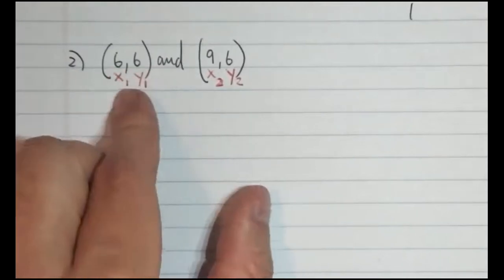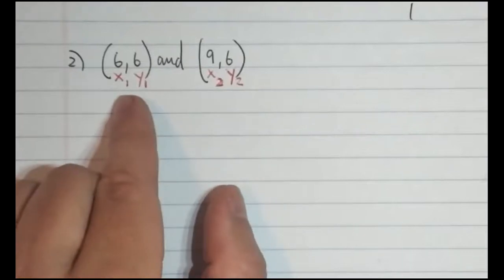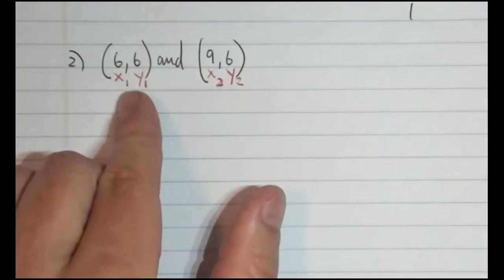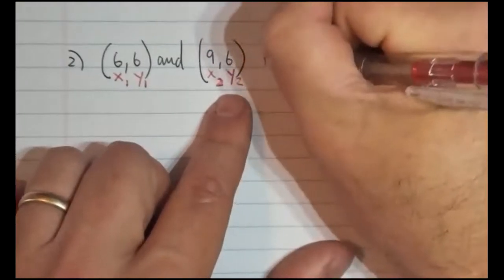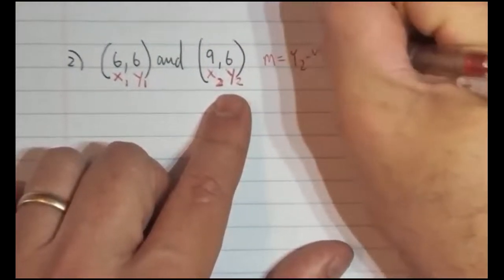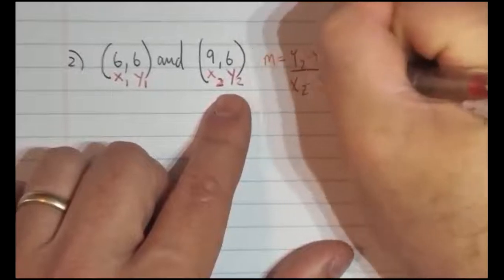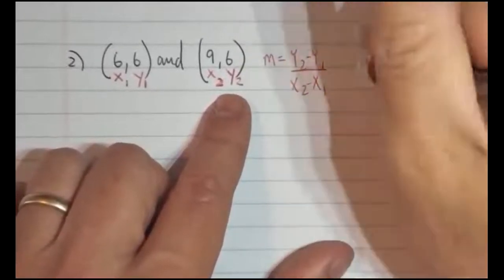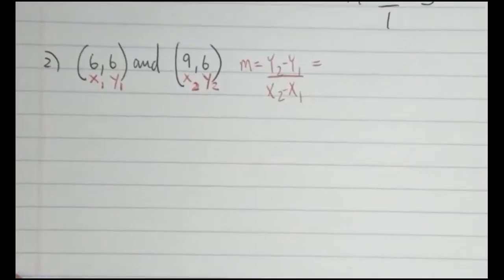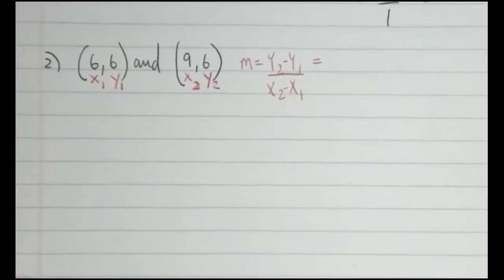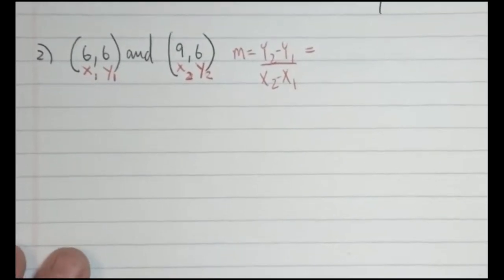Remember, it's 1, 1, 2, 2. First point, they're both 1s. Second point, they're both 2s. Again, we're using the slope formula, y2 minus y1 over x2 minus x1. That is a great formula to memorize because it's not going anywhere. You're going to deal with that formula into geometry, into algebra 2, college algebra.